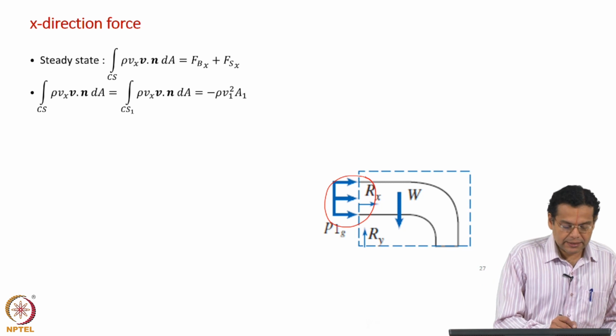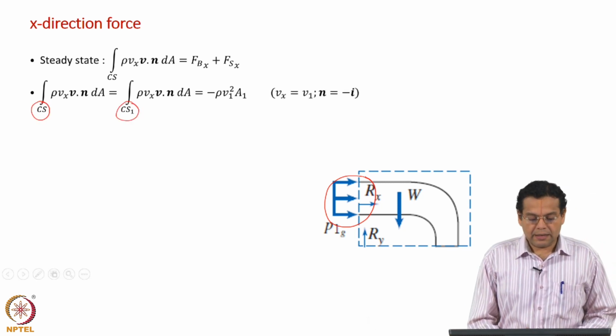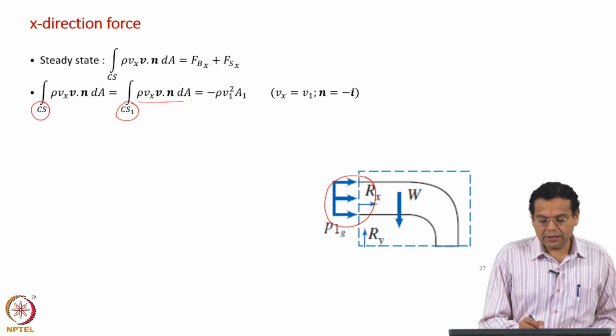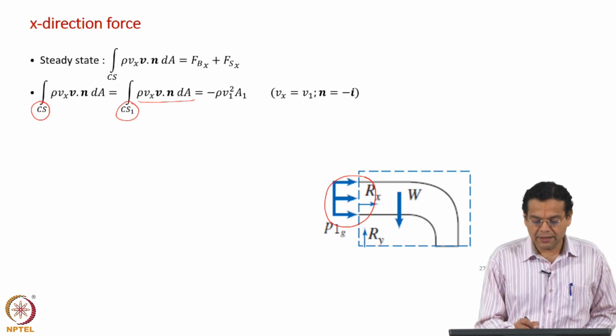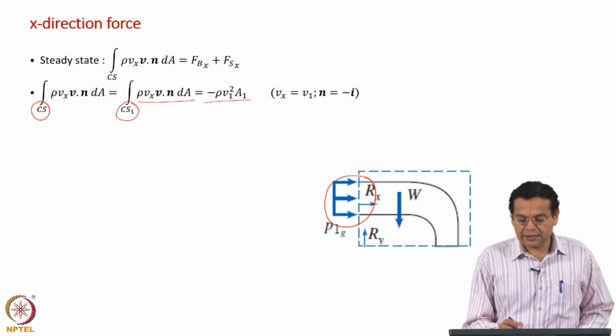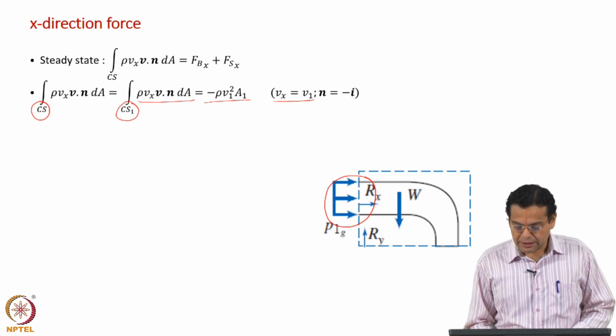So, I am replacing the control surface CS with control surface 1, and the integral of rho v x v dot dA we have done a few times. So, let us write the expression straight away: it is minus rho v1 squared A1. vx is v1, the flow is along the positive direction, so vx is equal to positive v1.